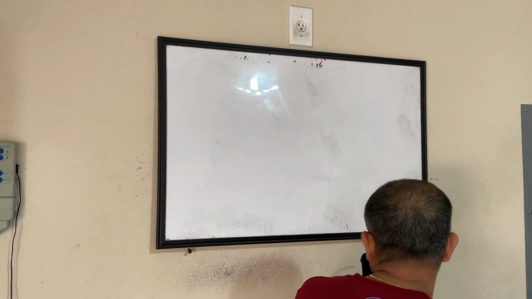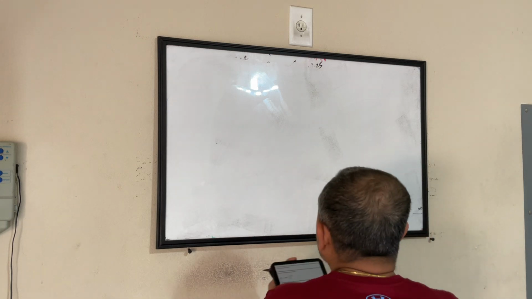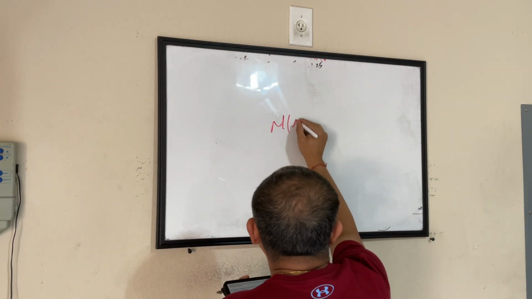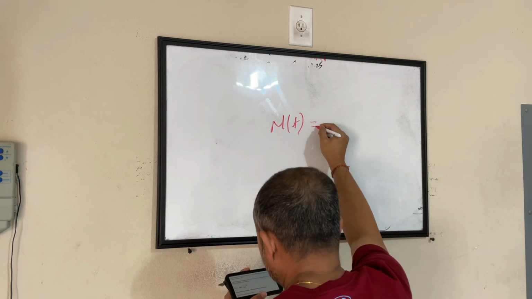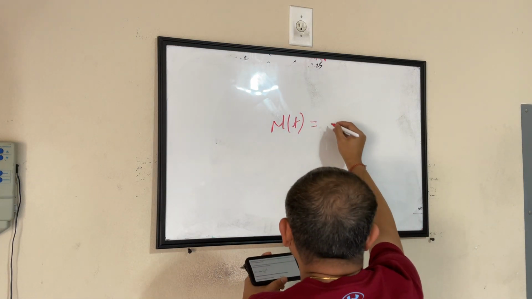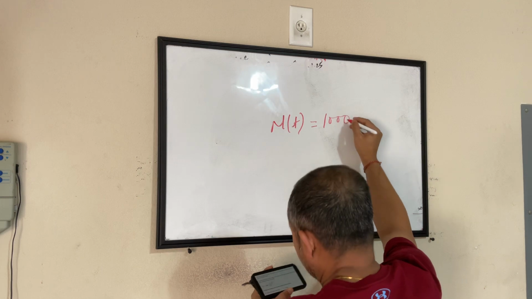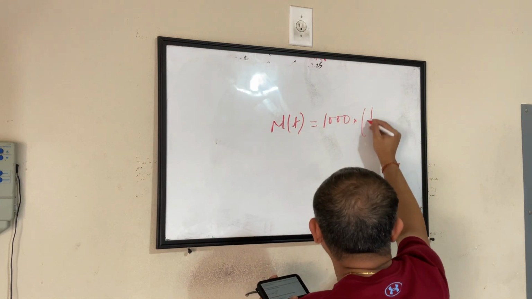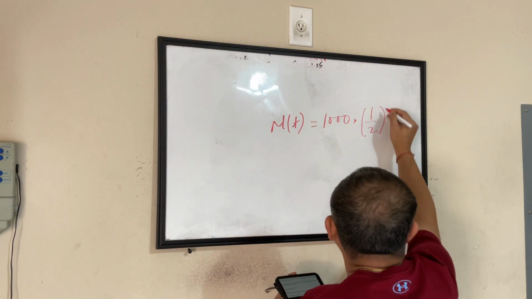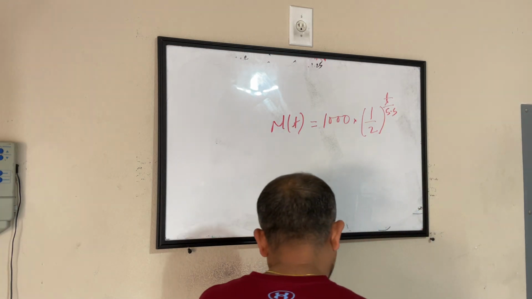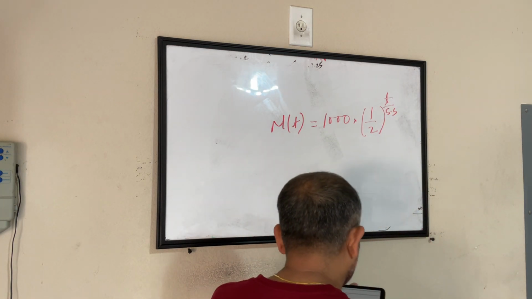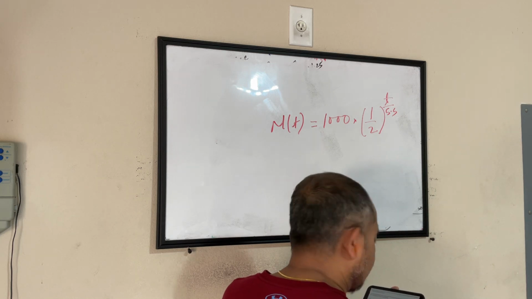And the equation says N(t), that is the number of bacteria after certain time, is following this function: 1000 multiplied by (1/2) to the power t/5.5. Complete the following sentence about the half-life of the bacteria culture.